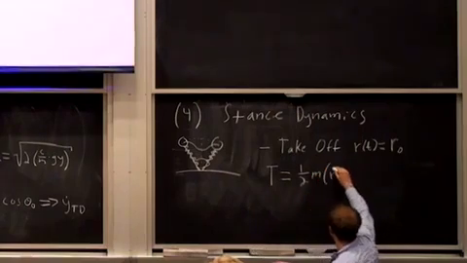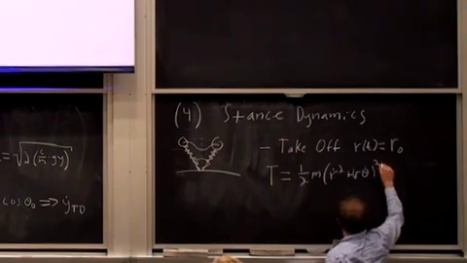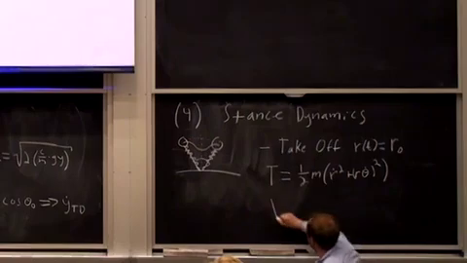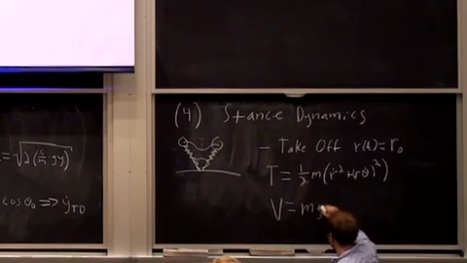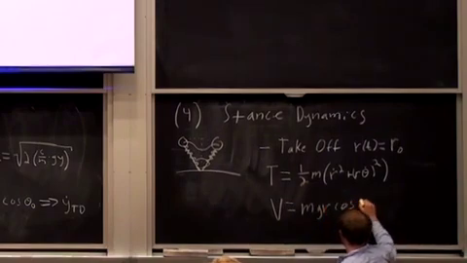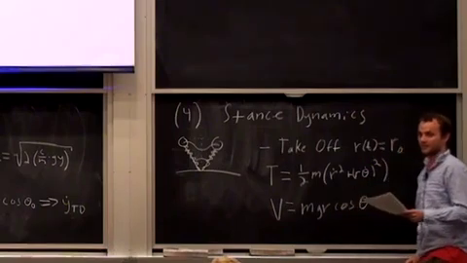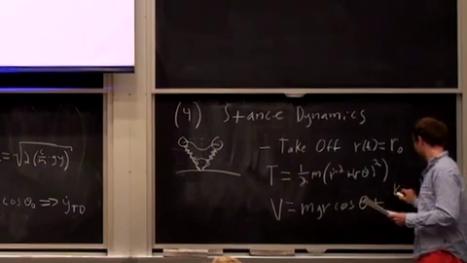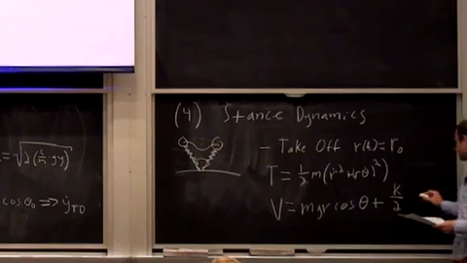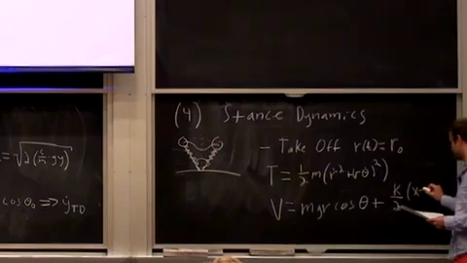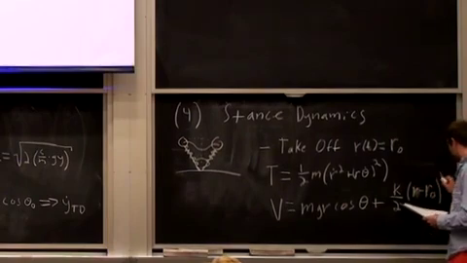Our kinetic energy looks like that, and our potential energy is this term, and what else do we need? Spring potential. Spring, yeah. So how much? It's k over 2 times r minus r naught squared.